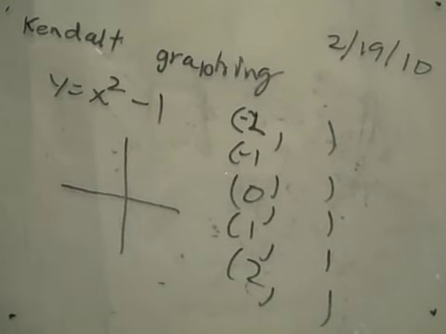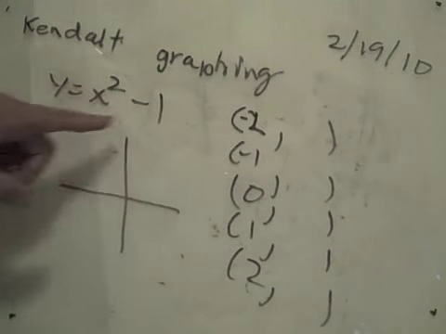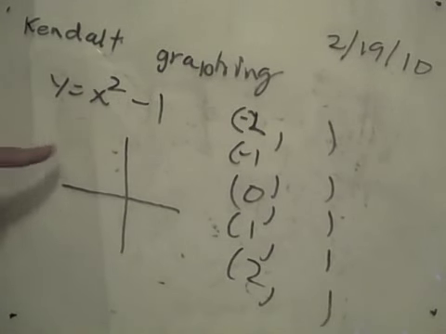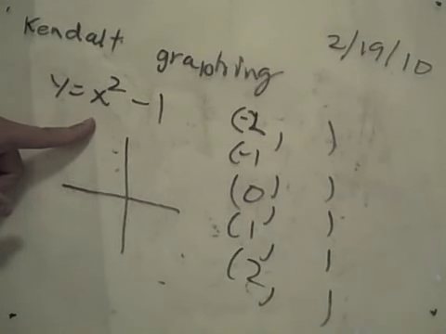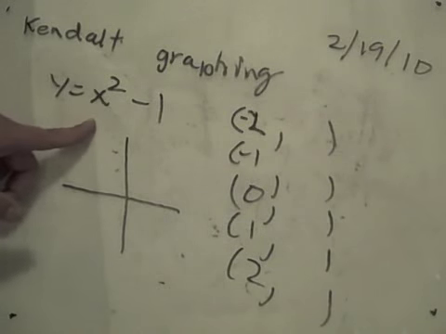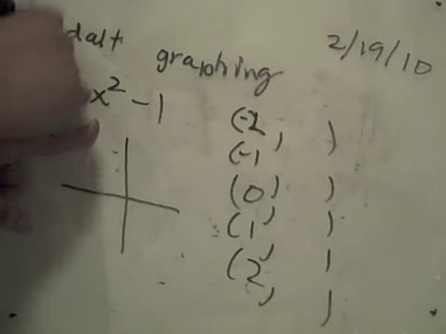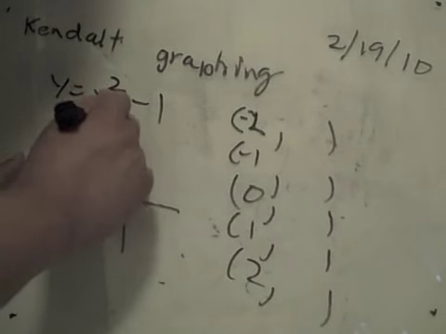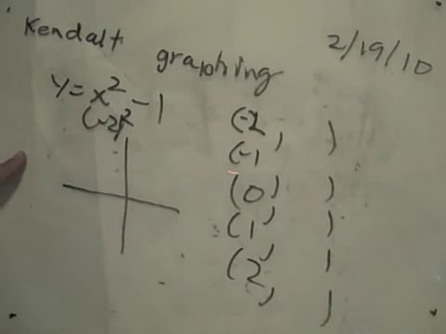Okay, so x equals negative 2, so we put negative 2 in for x. Remember that when you plug stuff in for x, you want to put parentheses around it. So this would be parentheses negative 2, squared.